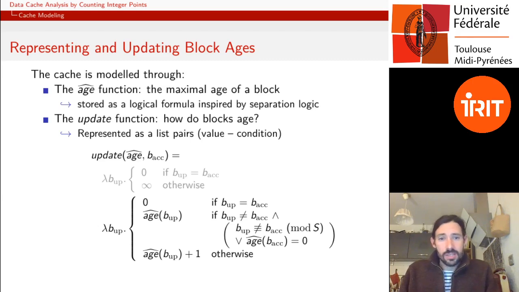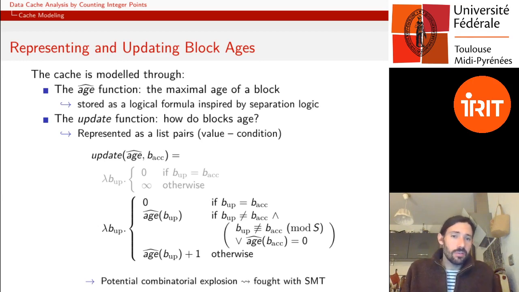In the other cases, the age is going to be increased by 1, and as long as we remain below the associativity, we can hope to prove some absence of misses. However, this definition, combined with the parallel assignment of the access treatment, is a potential combinatorial explosion.